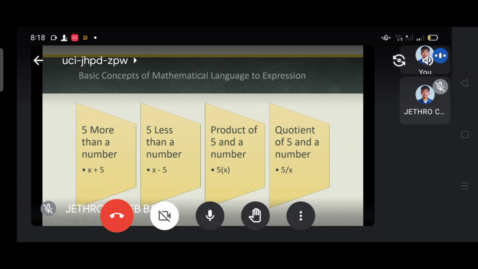It means dinidivide natin. 5 over a number is equivalent to 5 over x. So, ito yung mga basic na kailangan nating matandaan pag mag-form na tayo ng expression para mabuo natin yung tamang equation sa problem para masagutan natin ng tama yung question.